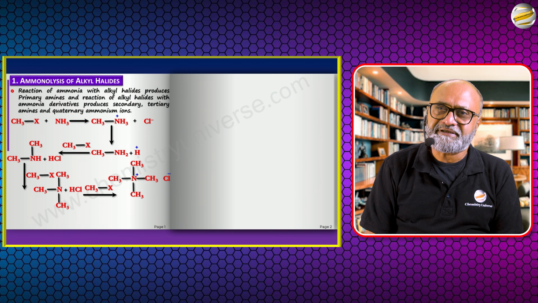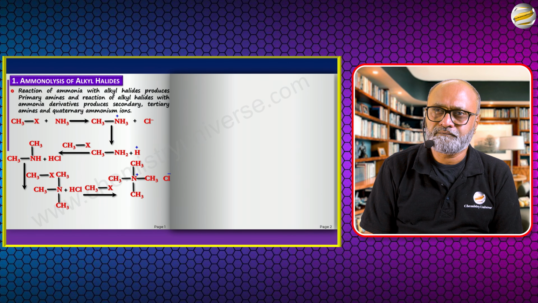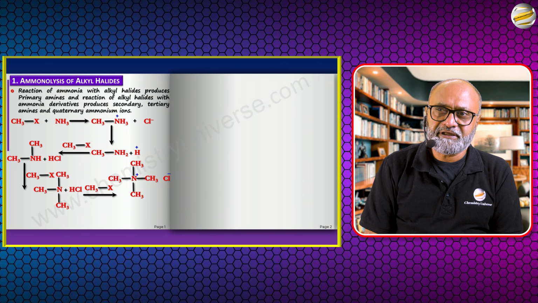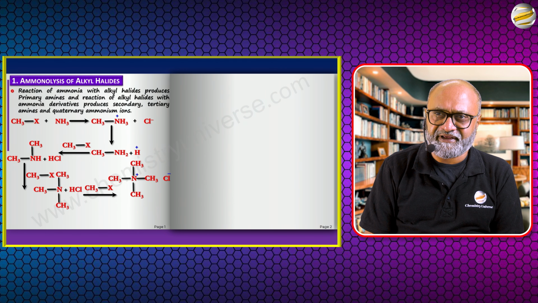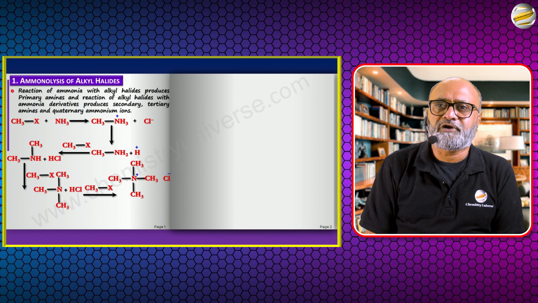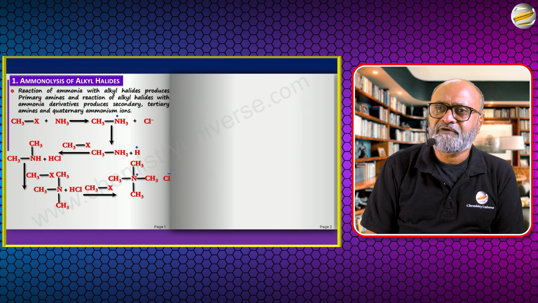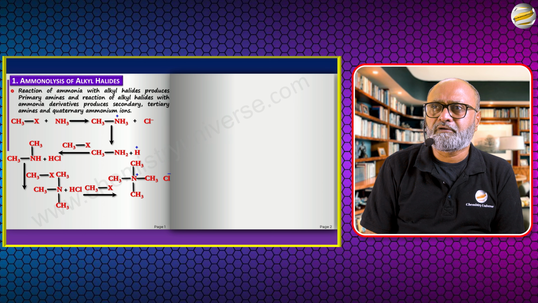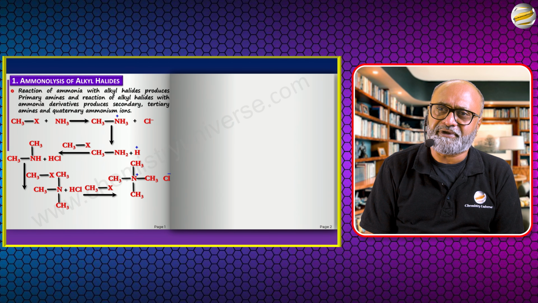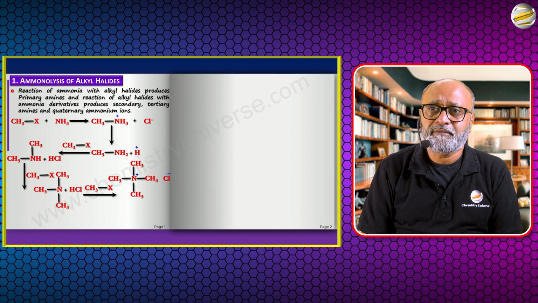Well, the logical answer is pretty simple. If you take ammonia in excess with CH3X, which means if let's say there are 100 molecules of CH3X and there are let's say 10,000 molecules of ammonia, the chances of all the hundred reacting with ammonia molecules is far higher than the chances of, let's say for example, 50 molecules of CH3X first reacting to form primary amine, which again will be only 50.